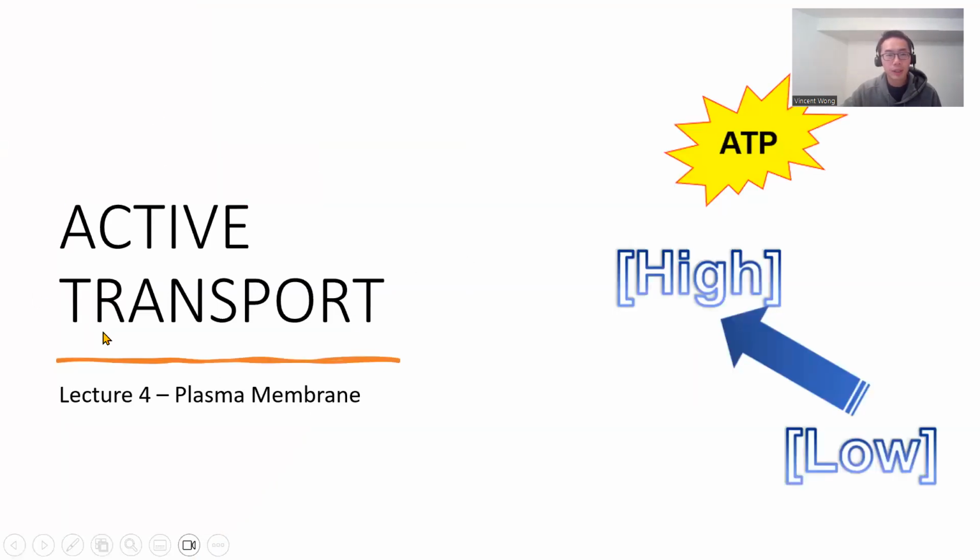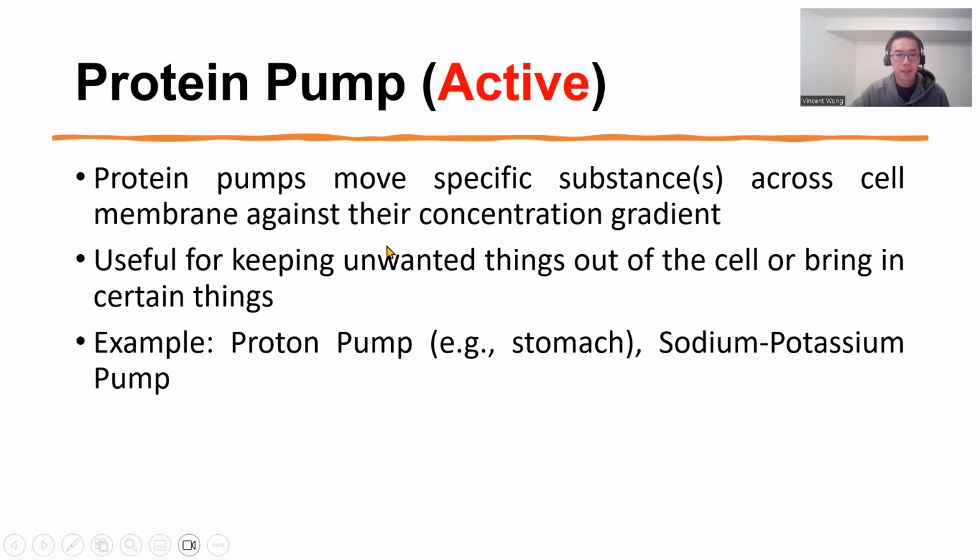Okay, so now let's turn our attention to active transport. Active transport requires ATP, and it's moving things from low concentration to high concentration. First example is protein pump.